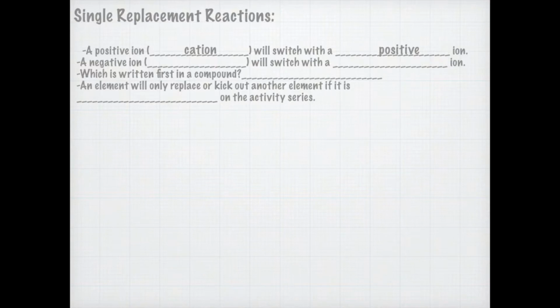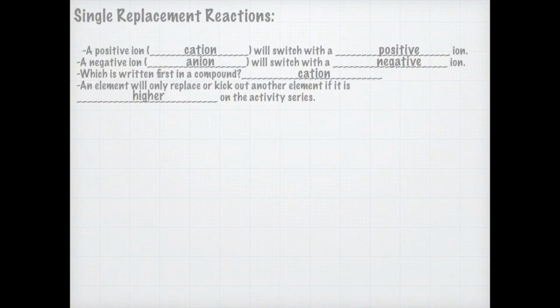If the atom that comes along is negatively charged when it's an ion, it's going to switch with a negative ion. Okay, so positive kicks out positive, negative kicks out negative. And when we're writing a compound, remember you always put the cation first. And finally, in order for an element to kick out another element, it has to be higher on the activity series. If it's not higher on the activity series, it will not kick it out.